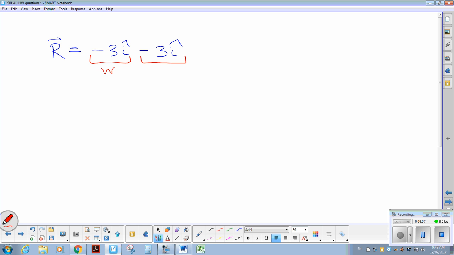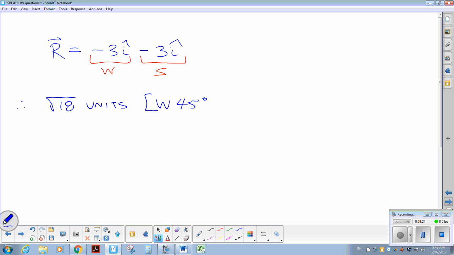My y component's negative, so I'm going down on the y-axis, which is heading toward the south. So I would end up with, I think it's square root of 18 for the magnitude units, and it would be west, the angle you calculate, and south.